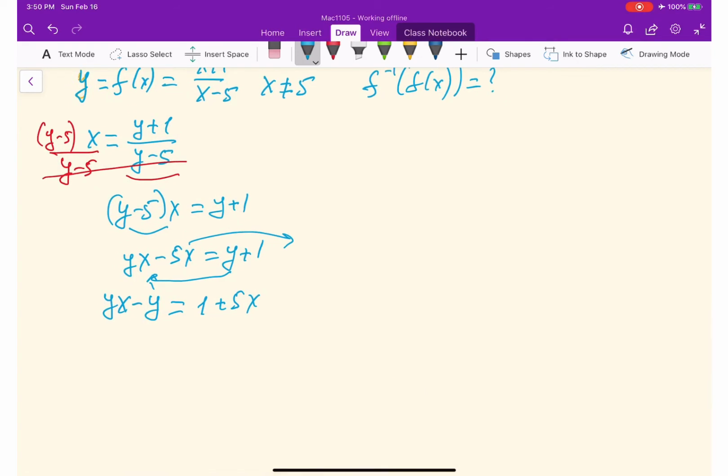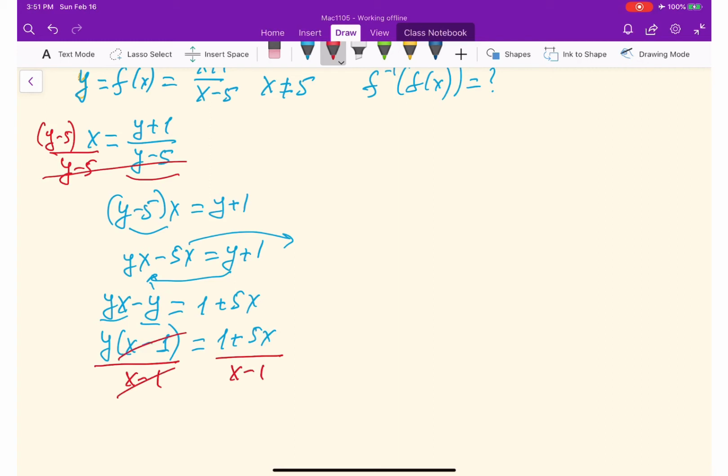Okay, taking y out from these two terms will be x minus 1, right? What is left is 1, and I will have 1 plus 5x. So from here I need to get rid of x minus 1 because I need to find y, so therefore I am dividing by x minus 1, because whatever change I do to one side of the equation, I have to do the same change to the other side of the equation.